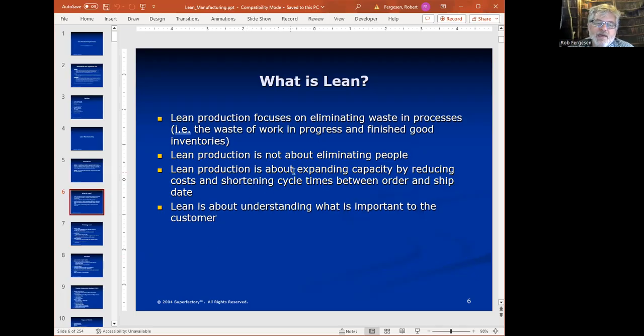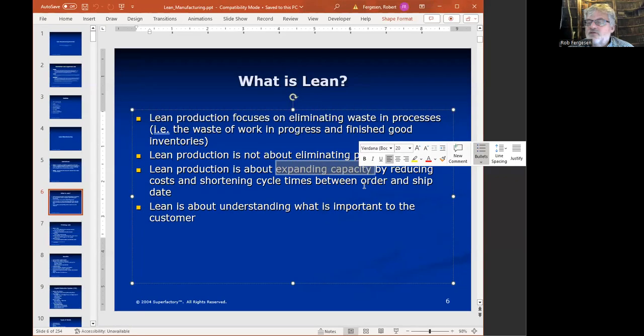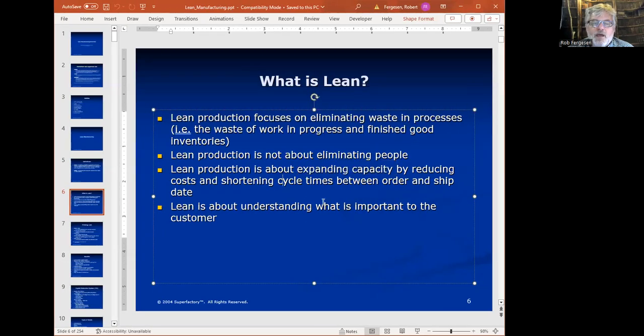It can be used to expand capacity. It doesn't always have to be. And it can be used to shorten cycle times. In other words, make your product faster. Those are really common ways of finding waste. And the most important thing of all is understanding what the value that you're producing is, what is important to your customer.